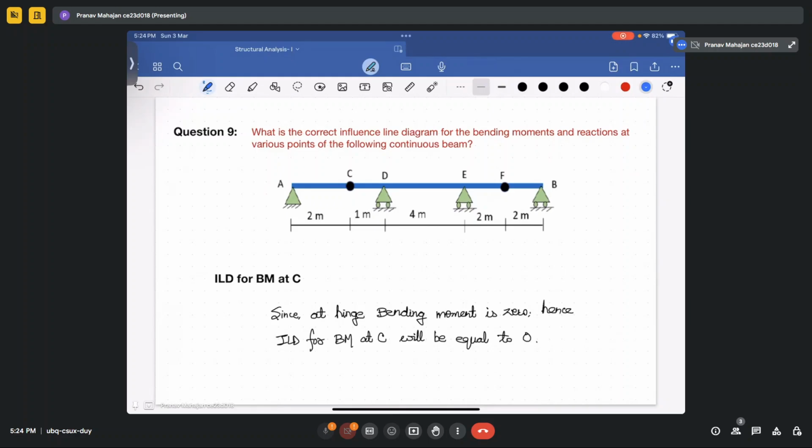Whereas if you require the influence line diagram for reaction at a point, you will provide a unit displacement at that point. For shear also, you will provide a unit shear at that point, and then subsequently you will calculate the value of shear along the different points of the beam, which will give you the influence line diagram for that particular point.